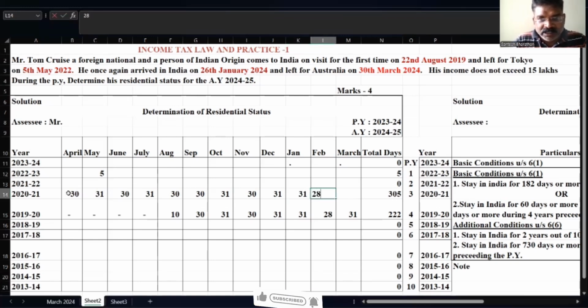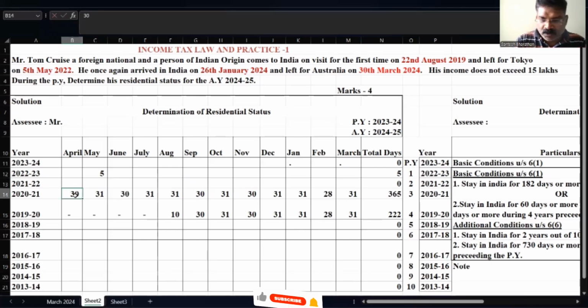I'm not going to count the leap year. All February months I'll consider as 28 days. March 31. So total 365 days. Somewhere I made a mistake. April 30, May 31, June 30, July 31, August, how many days? 31 days. Okay, now I think it's correct.